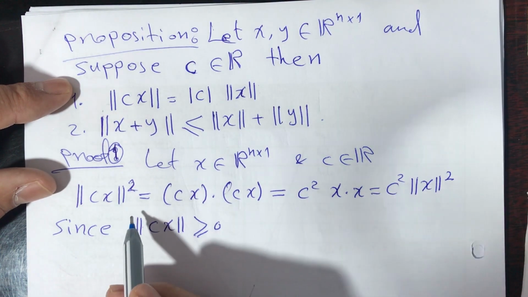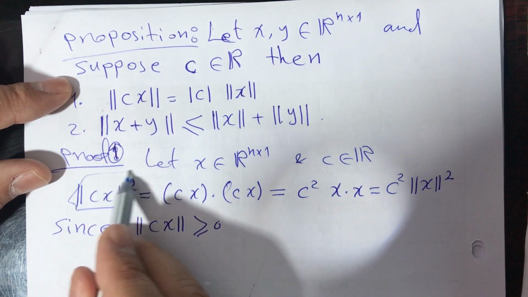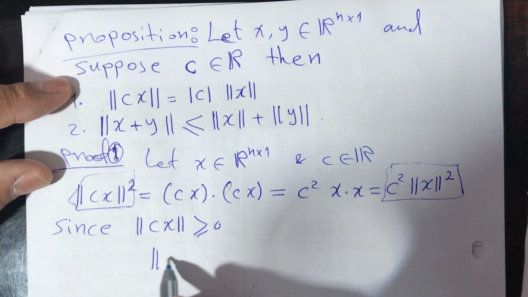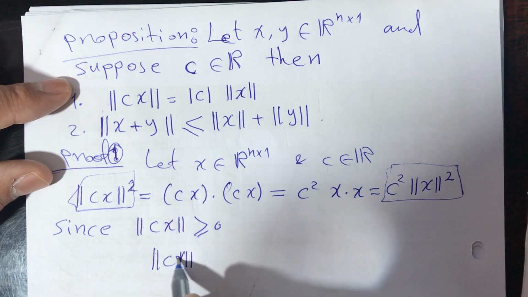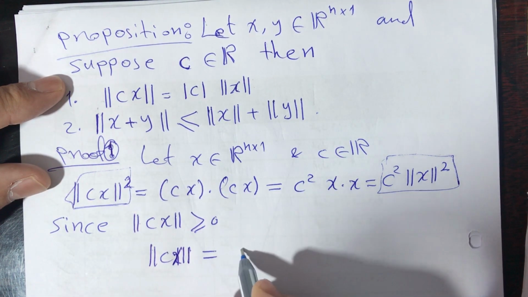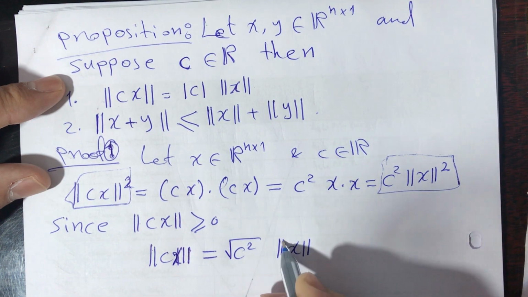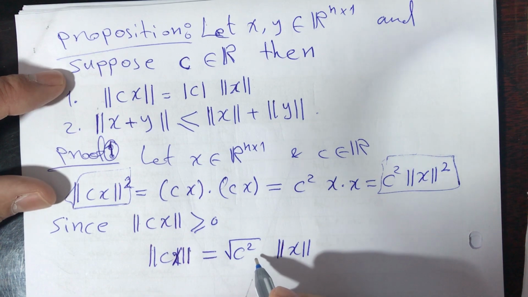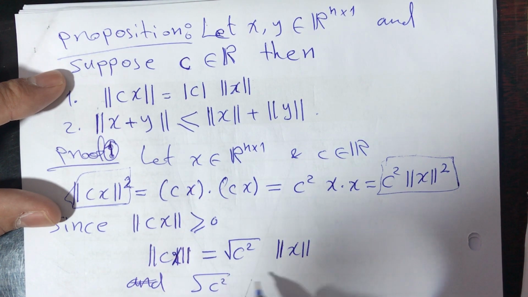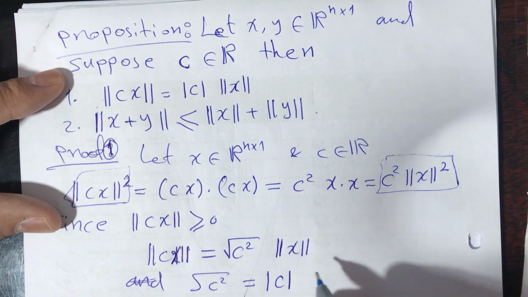And if we take the square root of this equality, we get the norm of cx equals the square root of c squared times the norm of x. The square root of c squared is equal to the absolute value of c.